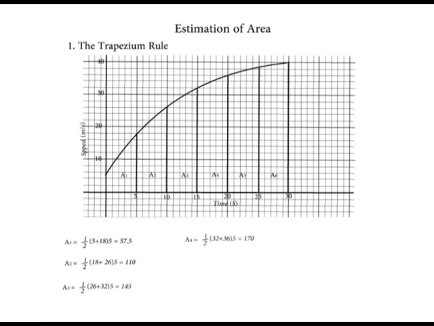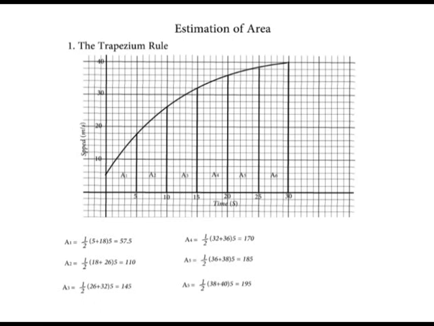A4, a half into 32 plus 36 times 5 gives us 170. Area 5, a half times 36 plus 38 times 5 gives us 185. Area 6, a half times 38 plus 40 times 5 gives us 190.